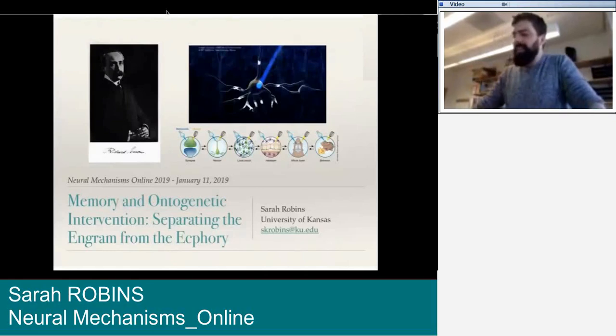But the thought I had while he was talking is, you might not even need optogenetics to make the claim of something like artificial ecphory, because, for instance, from work by Wilder Penfield in the 40s, if you excite the cortex of an individual during neurosurgery, they can't help but remember certain content.